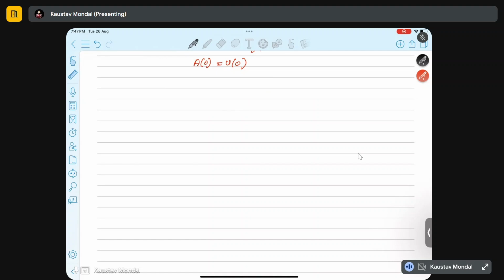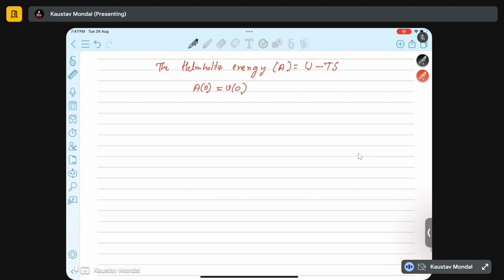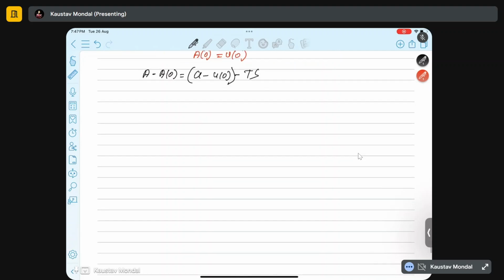If the Helmholtz energy at some temperature is A0 and at that temperature the internal energy is U0, then A minus A0 is simply U minus U0 minus TS. So A minus A0 equals U minus U0 minus T S.